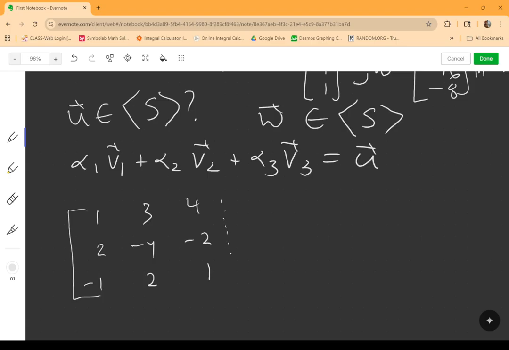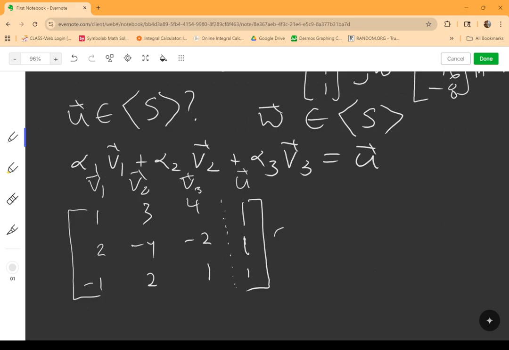And then for u, 1, 1, 1. So in our augmented matrix, we think of each column representing the vectors, and the first three representing the variables alpha 1, alpha 2, alpha 3.